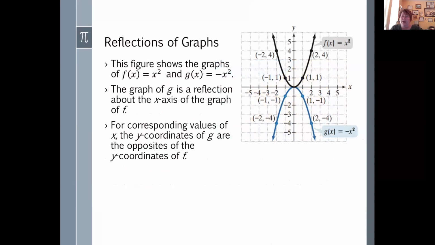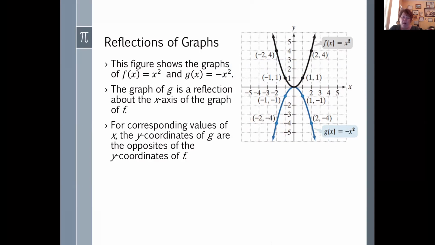So here we have a reflection of the standard quadratic function. The standard quadratic function is the parabola that goes through 0, 0, 1, 1, and negative 1, 1. That's the graph that's in black there. And the other graph is the graph of g of x equals negative x squared. Do you see what we've done to f of x to get g of x?